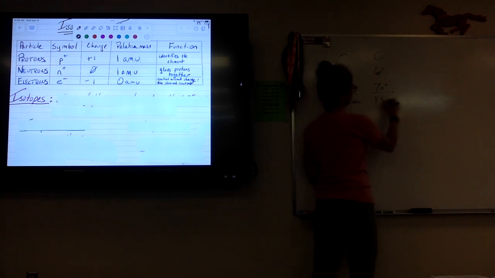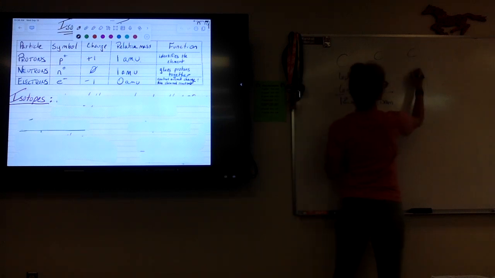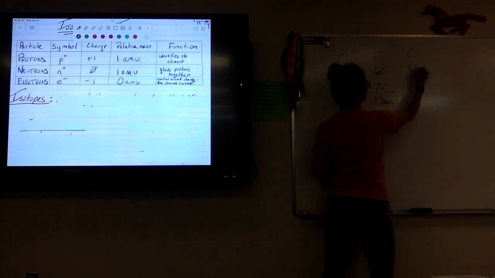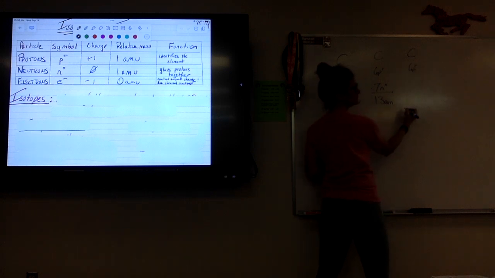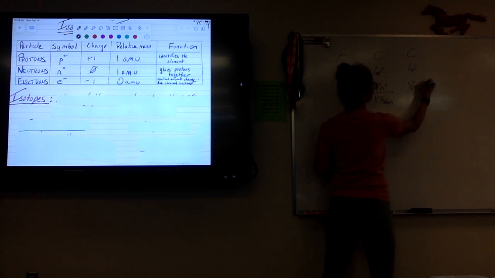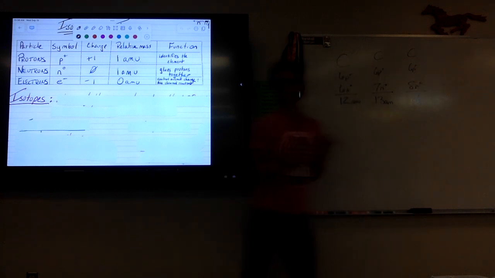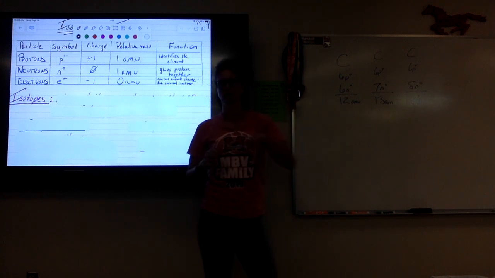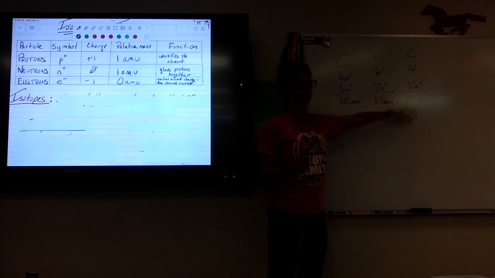Carbon-14 has 6 positive protons and 8 neutral neutrons for a total of 14 AMU. Those are isotopes of each other. It doesn't matter if it's stable or unstable. If it's got a mass number, it's an isotope of something.